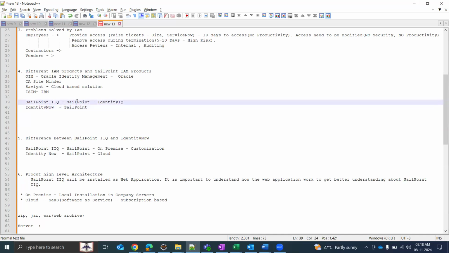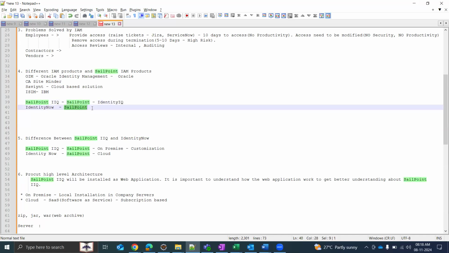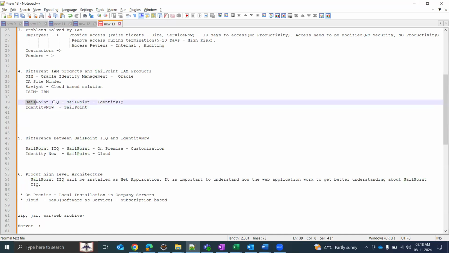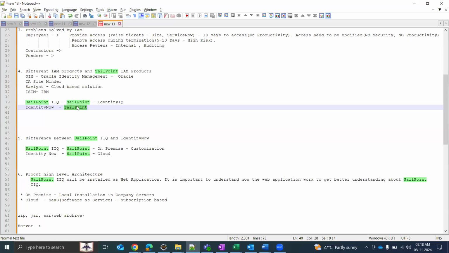As for the reason SailPoint developed both on-premise and cloud solutions: initially they developed SailPoint IIQ, which is an on-premise solution. But to meet the competition and the requirements of the customers, they went for Identity Now. Nowadays everyone is into cloud. No one wants the headache of maintaining servers, patches, and upgrades, or putting more money into such activities.